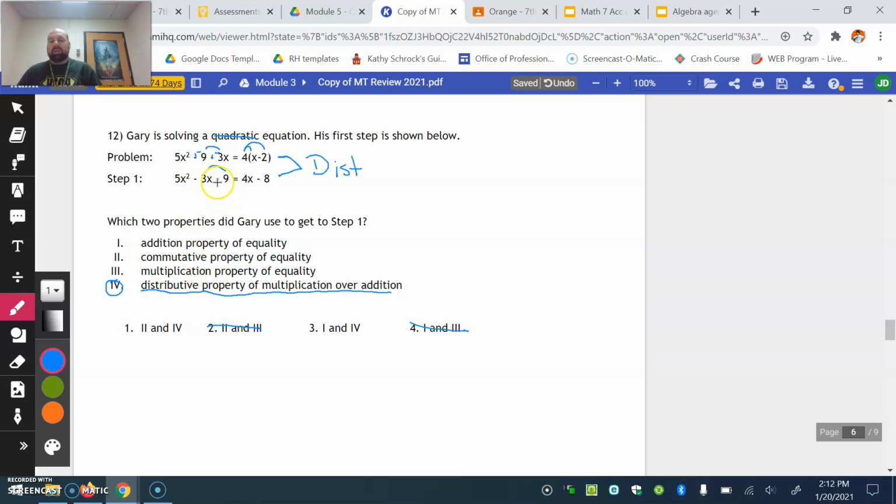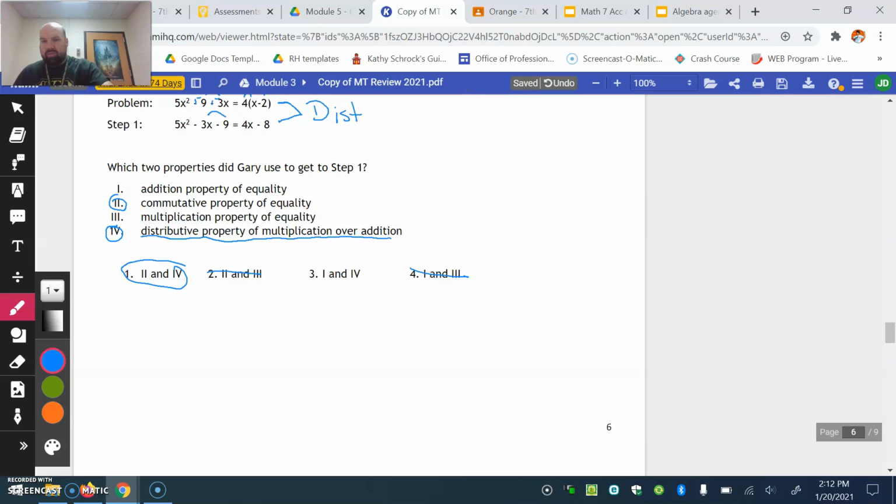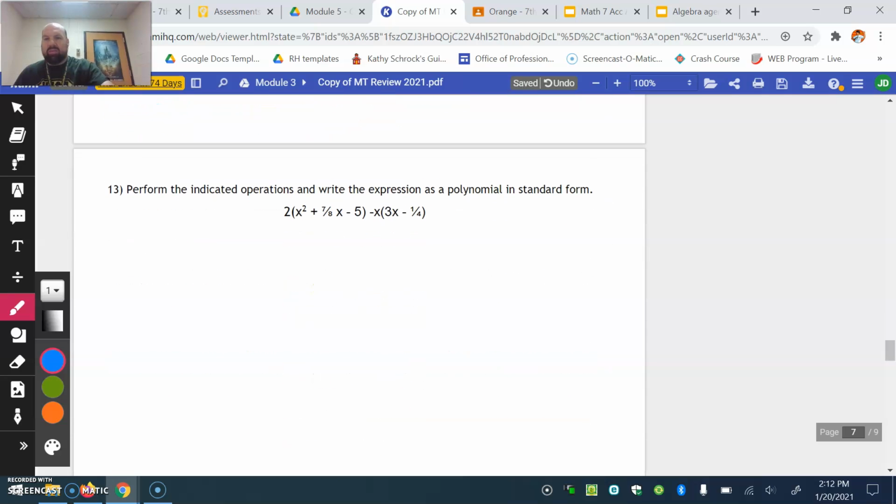It is because I turned it into adding a negative and then switched them. It does work. So commutative property of equality, actually not sure if I like that, but commutative property and distributive property are the two, and it is choice 1.